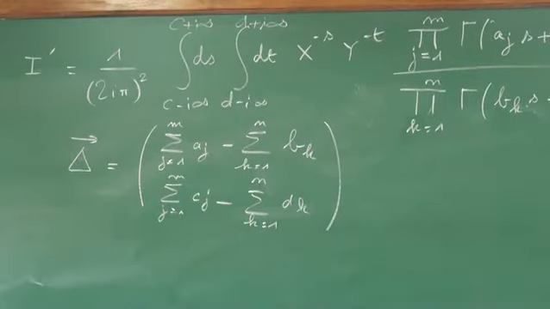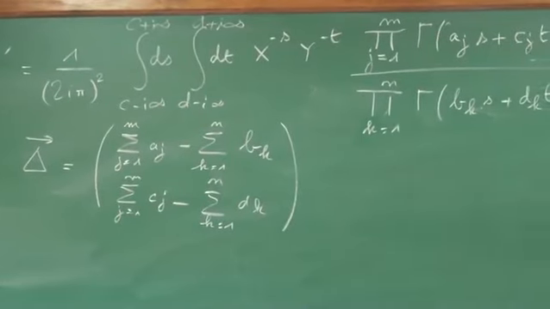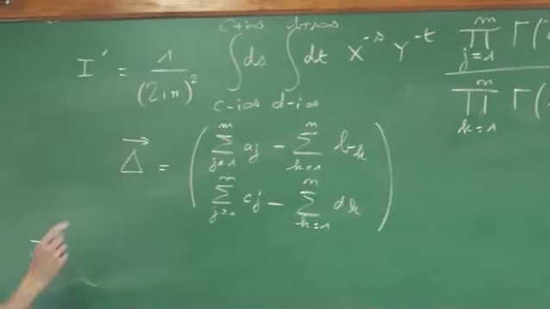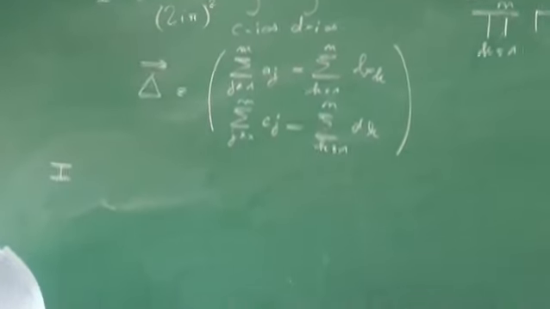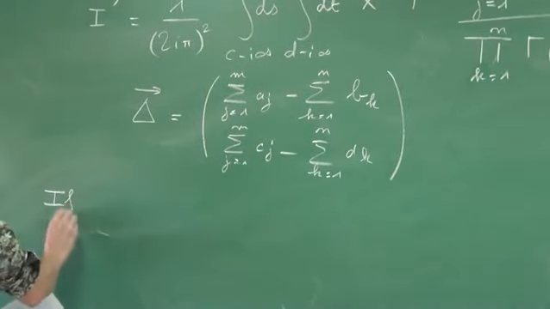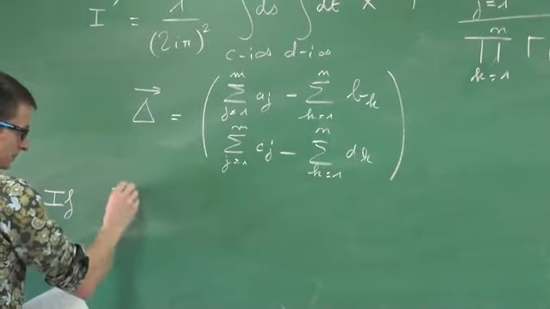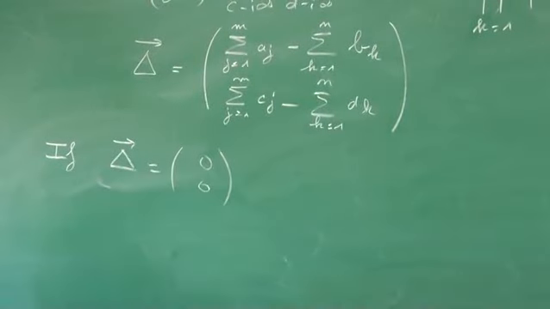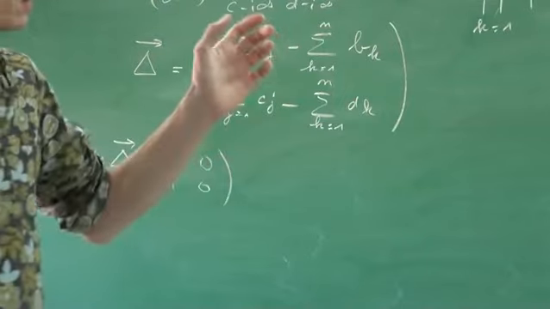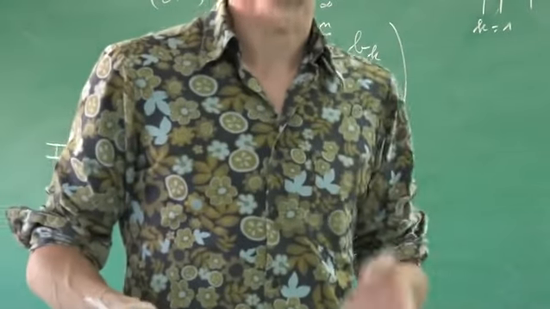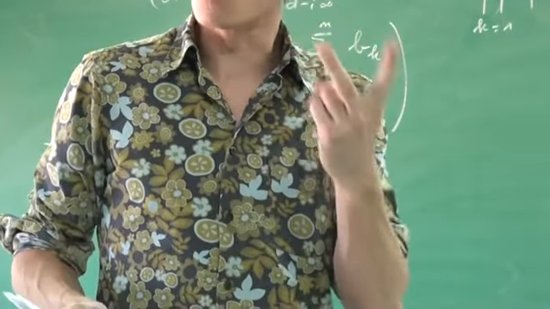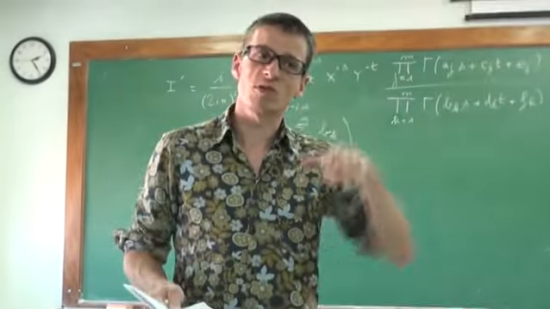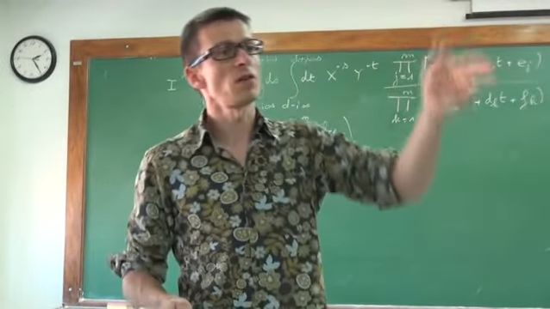Now, three cases, two, because the third I will not speak about. If delta equals 0, 0, we are in the degenerate situation. You remember that in the one-dimensional case, for delta equal to 0, we have two series of notation, one obtained on the left, the other on the right.